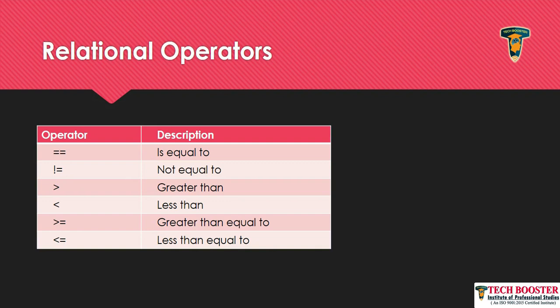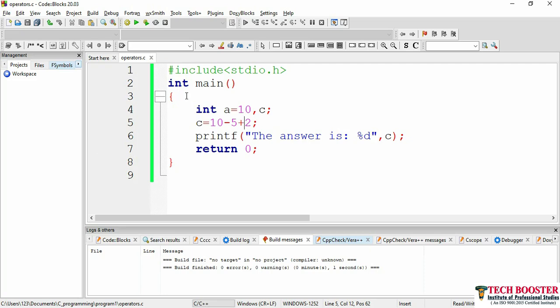And this relational operator will widely be used in our conditional statement, where we will be considering our conditions. Now in order to give an example of how you will get your output while you use your relational operator, I will again open my code block, and here in this case, let me comment this particular line and let me consider my C equals to 20.